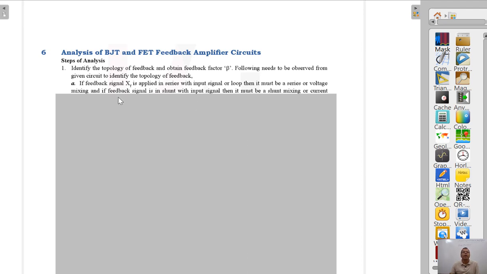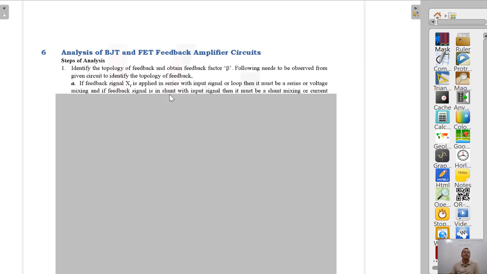You should be able to identify whether the feedback signal is being transferred on the input side in series with the input loop. If the feedback signal is in series with the input loop, that is a voltage mixing.